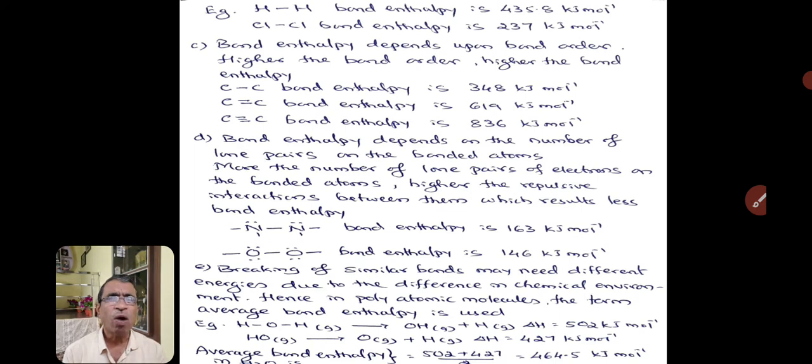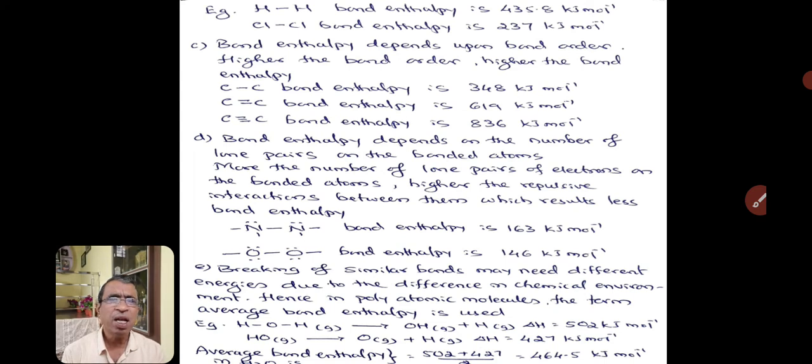And in the case of peroxides where 2 oxygen atoms are there, each oxygen atom contains 2 lone pairs of electrons, so we have 4 lone pairs of electrons. As a result the bond enthalpy is less, it is 146 kilojoules per mole. That means an increase in lone pairs of electrons in a molecule decreases the bond enthalpy.